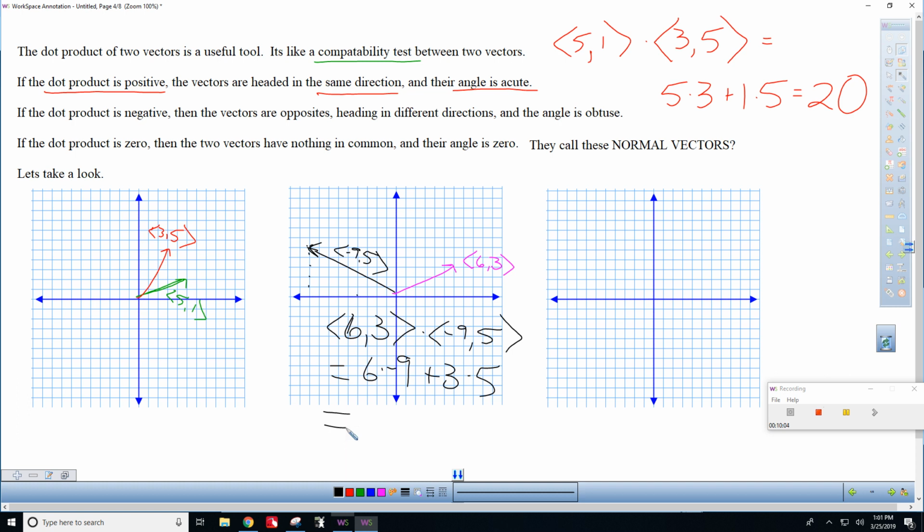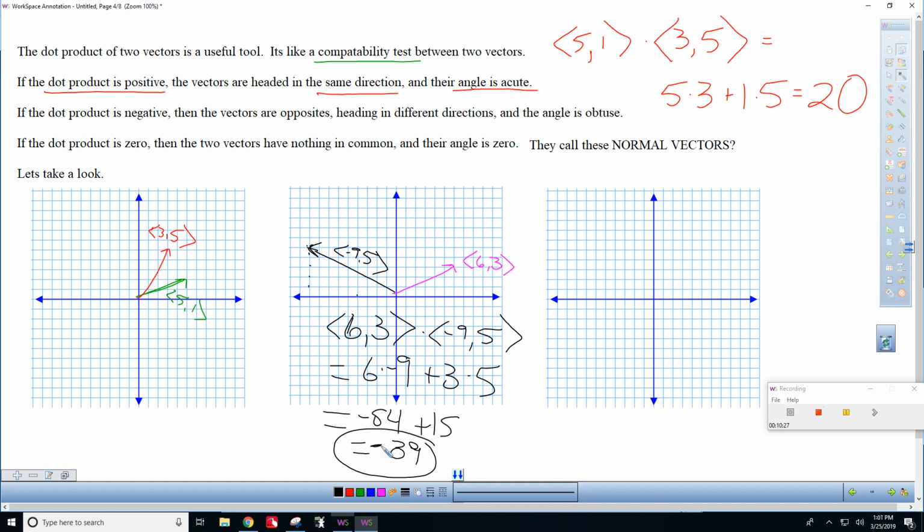And you get negative 54 plus 15. You get negative 39, and I'm just telling you that this information that I gave you before was right. These two vectors are obtuse. They're headed in completely different directions, and the dot product is negative. So the dot product is just a nice way for you to visualize the relationship between the vectors.